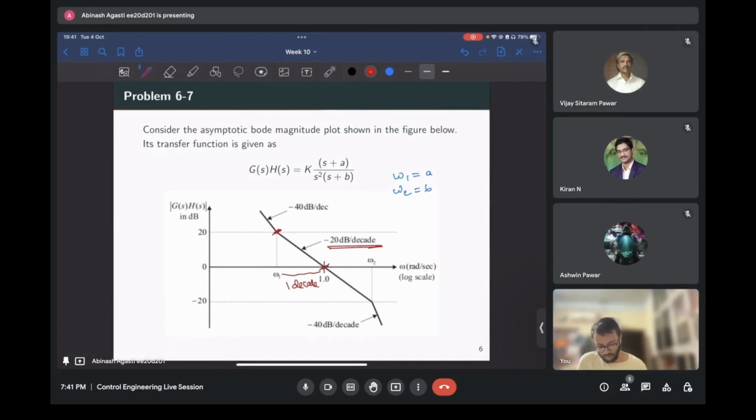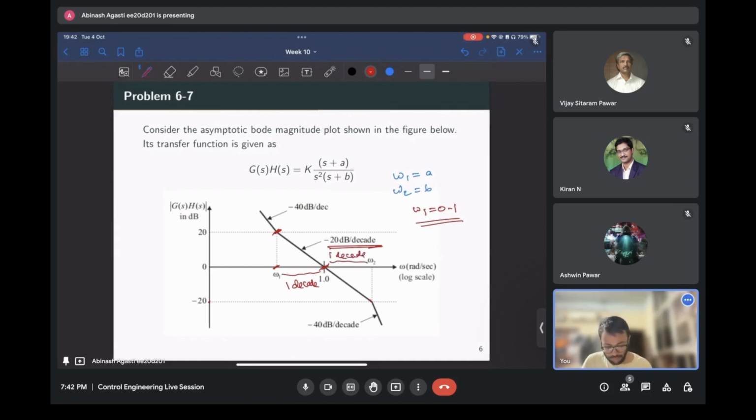Okay. So that means this point is nothing but omega 1 equal to 0.1, because that is how a decade is defined. And then similarly, we get to minus 20 with a slope of minus 20 dB per decade from 1 to omega 2. So again, there must be a difference of a decade in these two values. 1 decade.